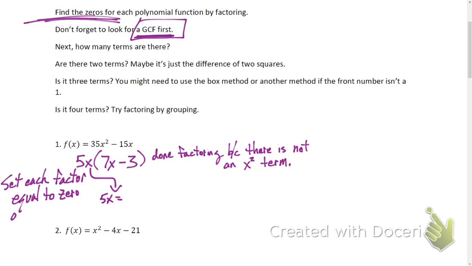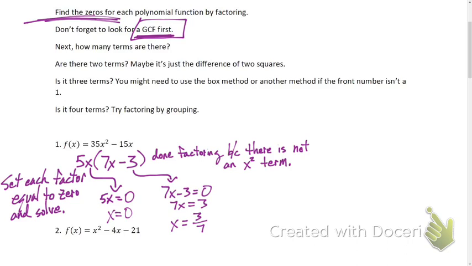And set this factor equal to 0. This part I hope is pretty easy. It's just easy to forget to do it. On that first one, you divide both sides by 5, and x is 0. On the second one, you add 3 to the other side, divide by 7, and you get 3/7.